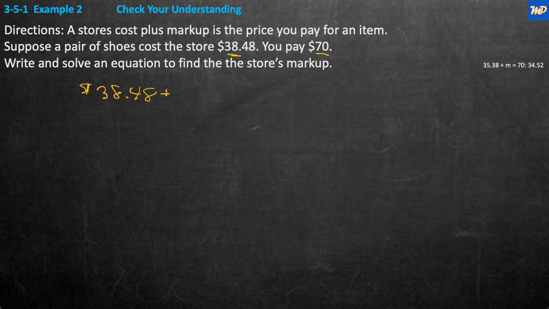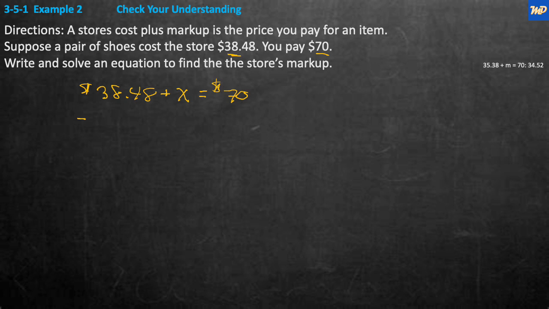We don't know what the markup is. I'm going to call it X. And that equals what? When they're all said and done, the shoes are going to cost $70. So in order to solve this, we're going to get the X and solve for X.